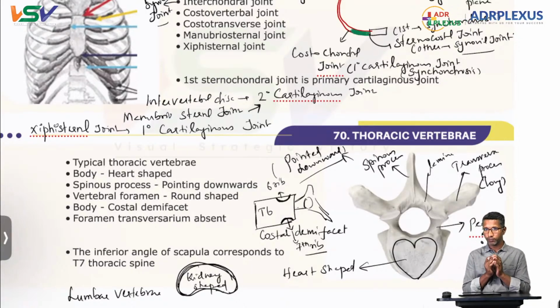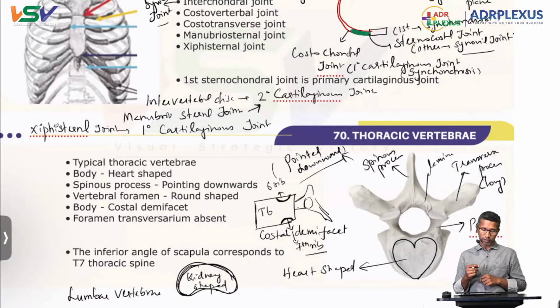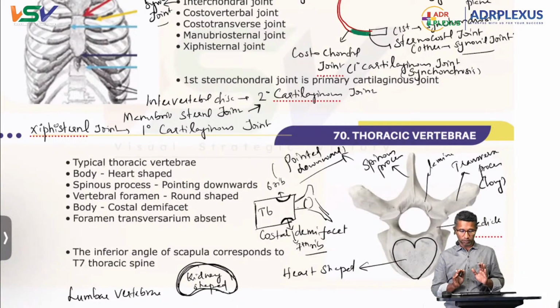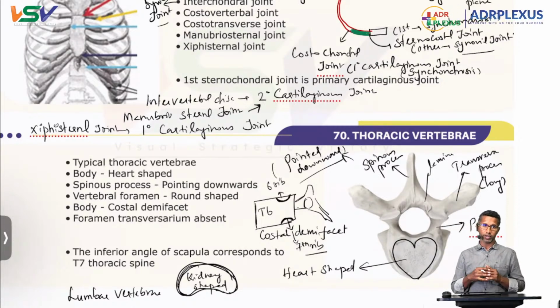The lower facet articulates with the rib that is below. So the T6 vertebra will articulate with the sixth rib above and with the seventh rib below. Very simple. Many times these are very simple facts, but when you study, or in the exam, you will get confused.